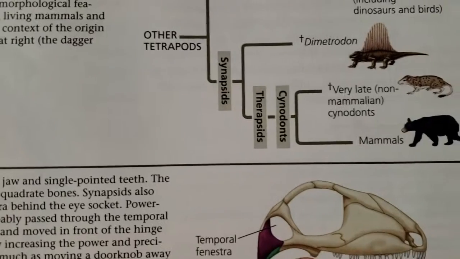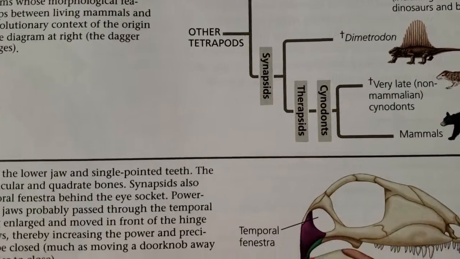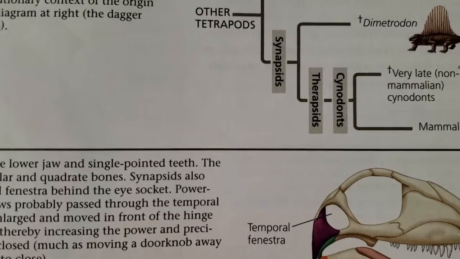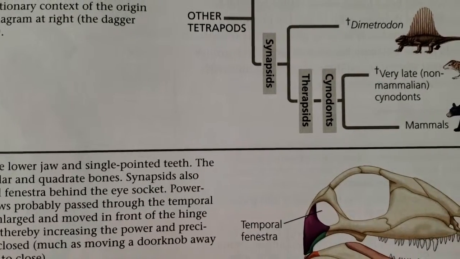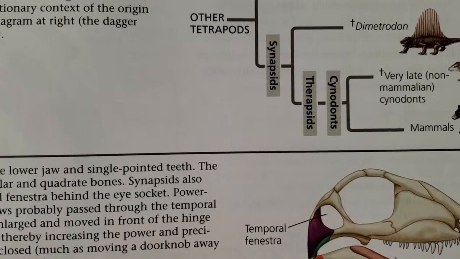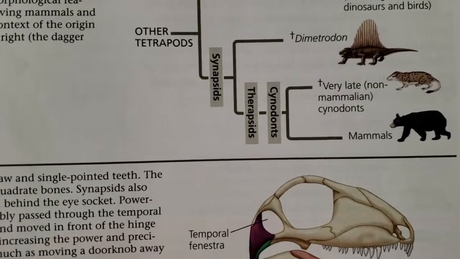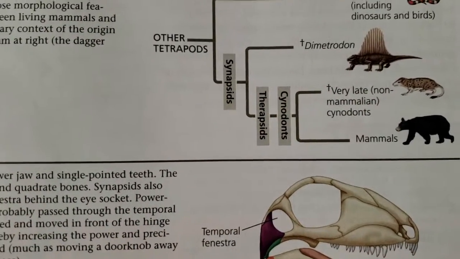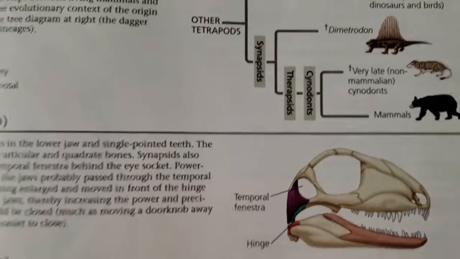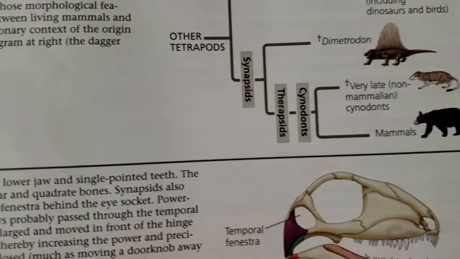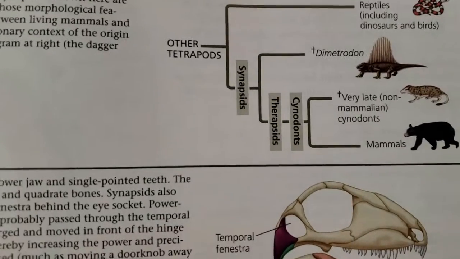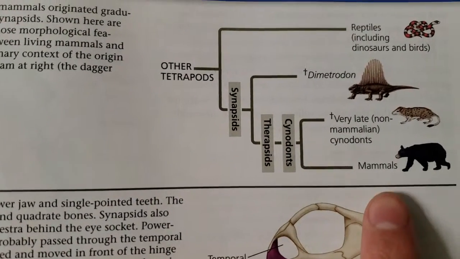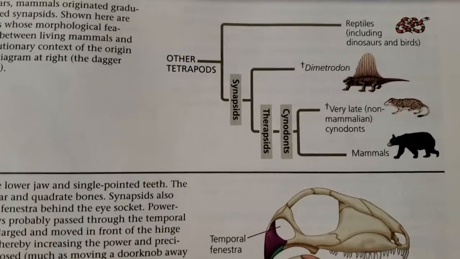We also have the therapsids, which went extinct and evolved into the cynodonts, and this branches off into the very late non-mammalian cynodonts, which have gone extinct as indicated by the symbol, and then modern day mammals such as bears, platypi, and of course humans.